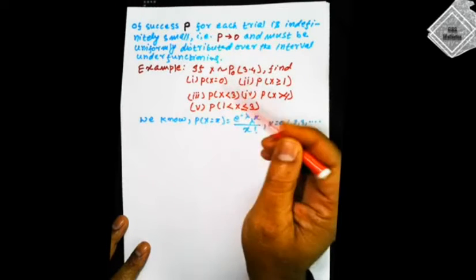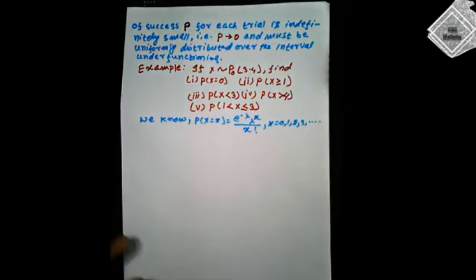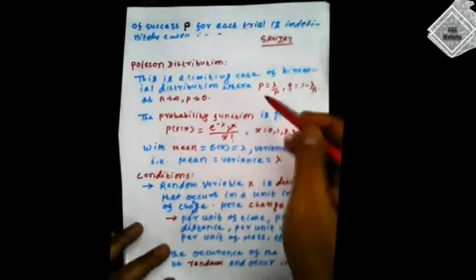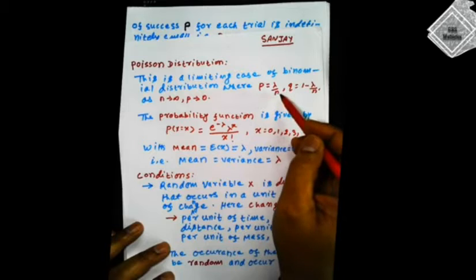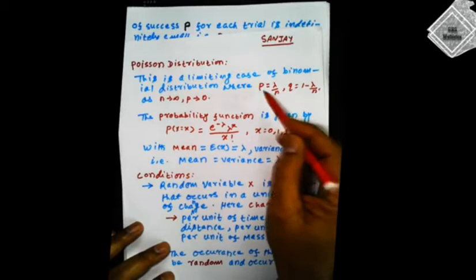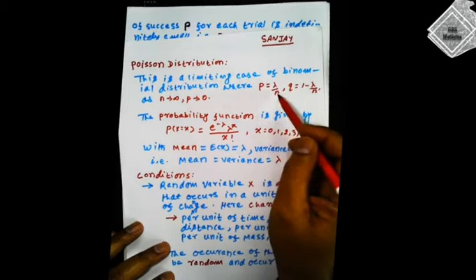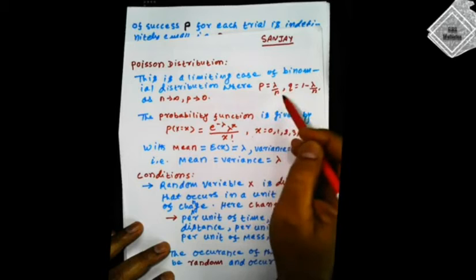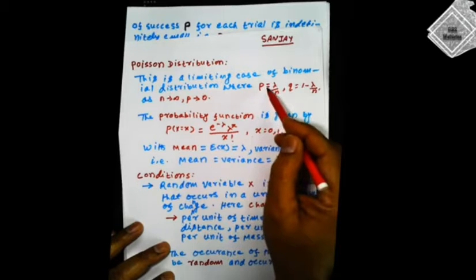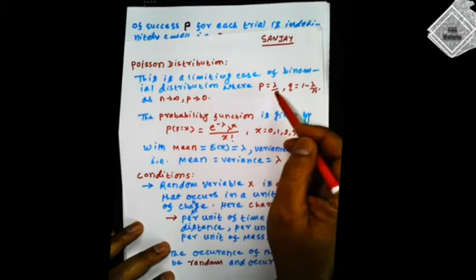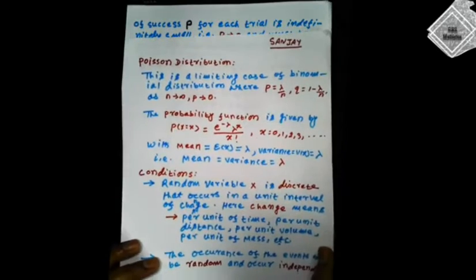That means when n tends to infinity, you can see in this probability value that when you apply a very large value of n, P is going to be very small because this is going to be divided by a very large value. So this ratio will become smaller and smaller as n increases. Therefore, P tends to an indefinitely small value. So this is one of the conditions for the Poisson distribution.